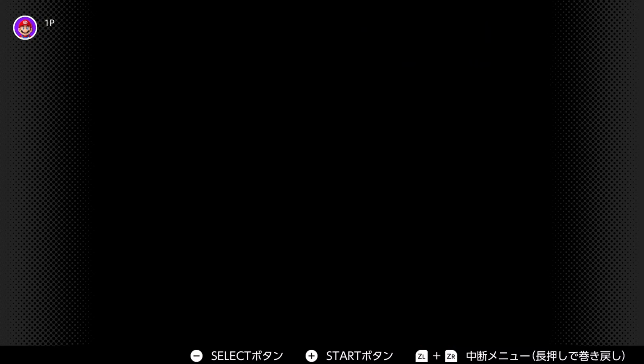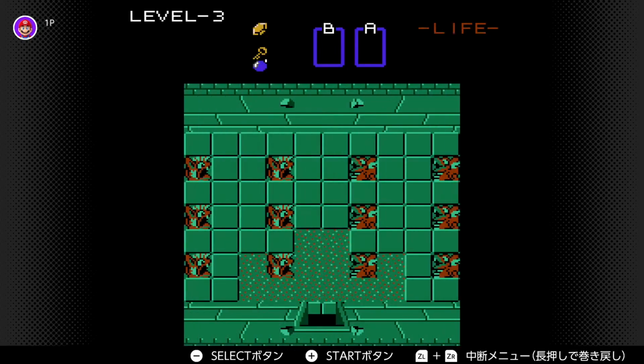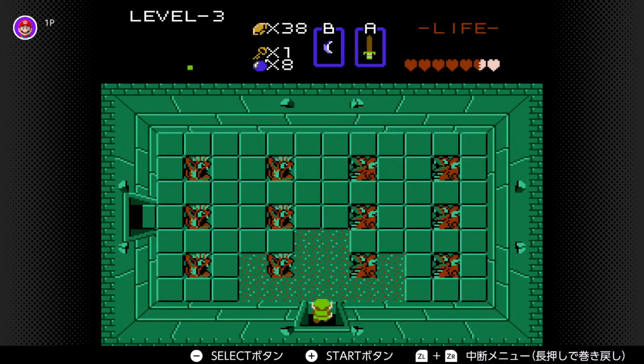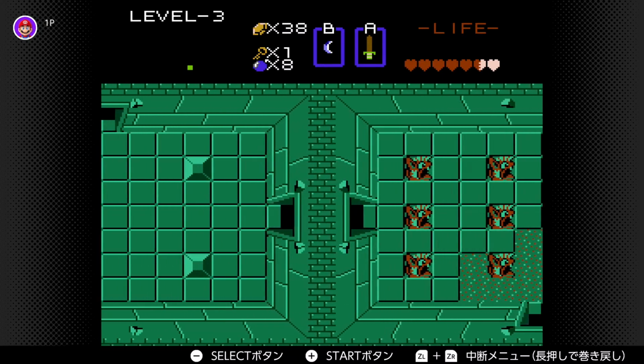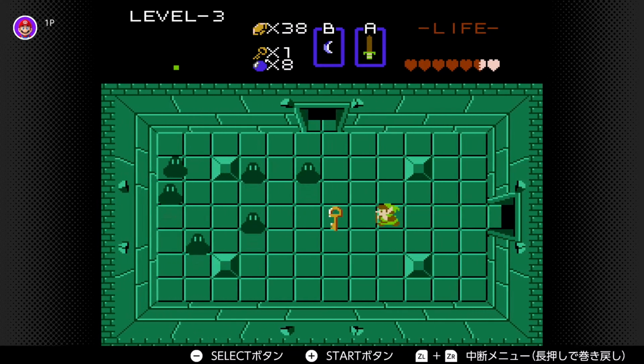Much easier than level 2 to find, honestly. And arguably even level 1. So yes, here's level 3. We get a key. Now we get regular sized Zols, which split in mini ones. Luckily the boomerang is useful to immediately defeat the smaller ones.